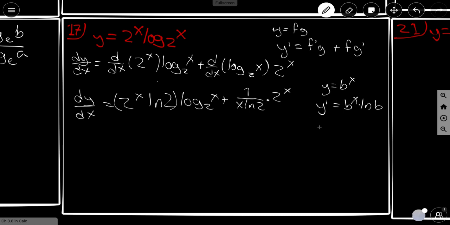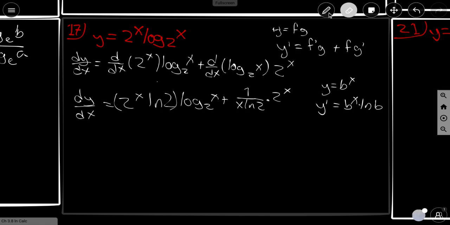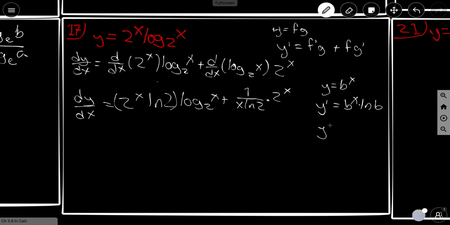The reason why is because there's also a rule for this one. Let me go ahead and write it out. If y equals log base b of x, then y prime would be 1 over x ln b. Yeah, these are the rules.